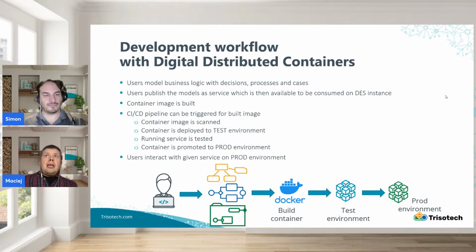Again, you control the pipeline, so you can expand to whatever practices you have in your organization, because that should not differ from your custom-built services. In the end, once you deploy that to a production environment, this is where the end users start interacting with those services. Yeah. So basically, it's the same DevOps pipeline until we reach the service library.